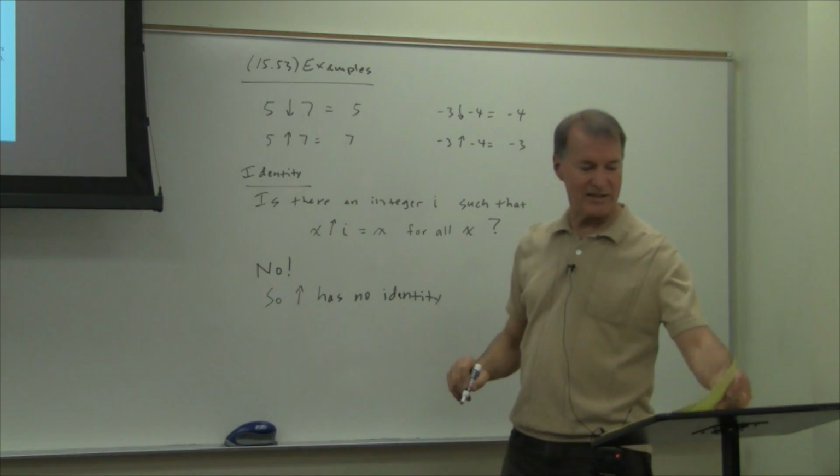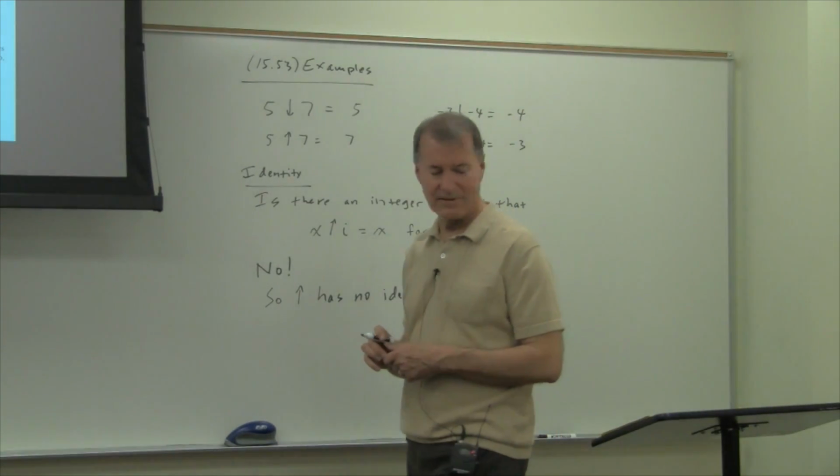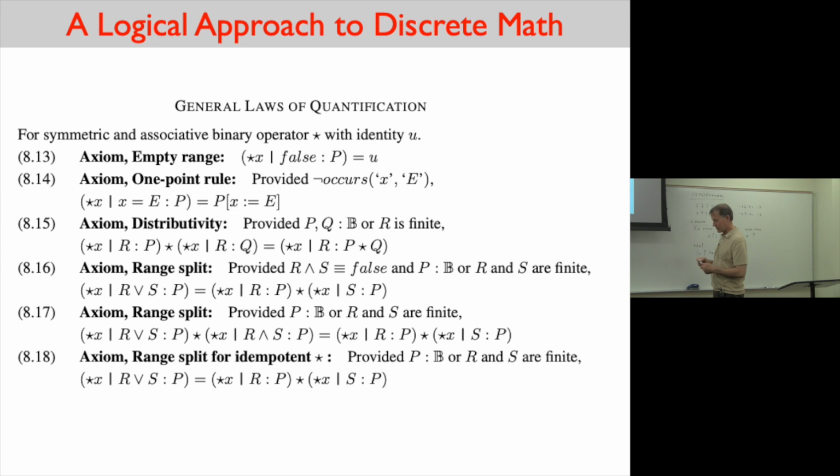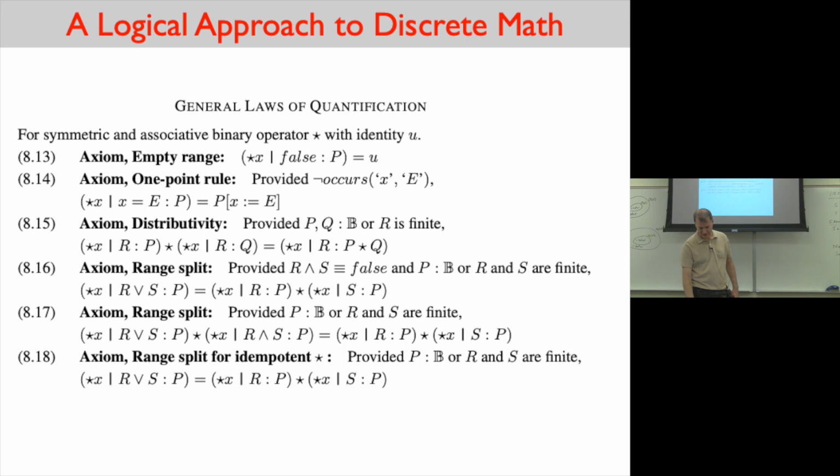But wait a minute. If max has no identity, we're up the creek, right? Because what does 8.13 say? Axiom 8.13, do you remember what it was? Let's look at 8.13. Axiom empty range: star x range false is u, where u is the identity for that. But wait, that means this is not a what? Max is not a what?